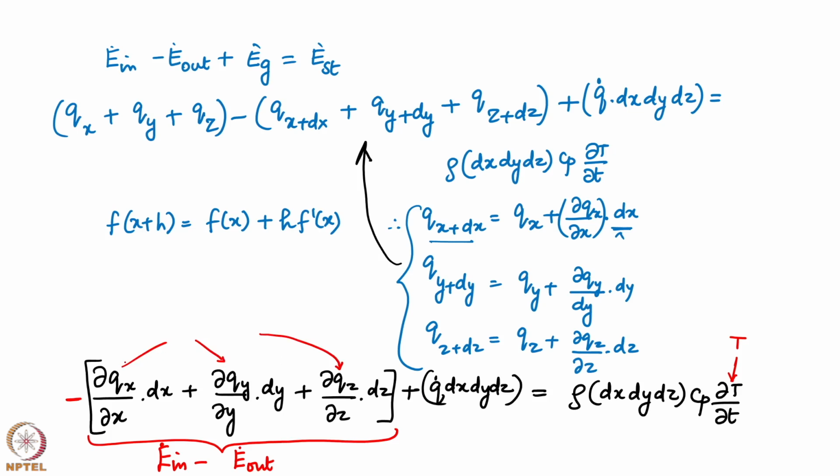These should be written in terms of temperature T. Only then is this useful to me. So, which law or which equation relates the heat transfer rate to the temperature? We have Fourier's law of heat conduction, because this is heat conduction topic.